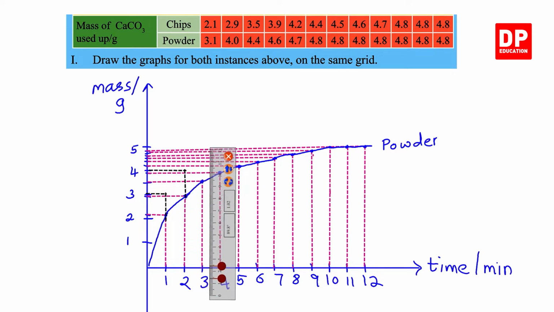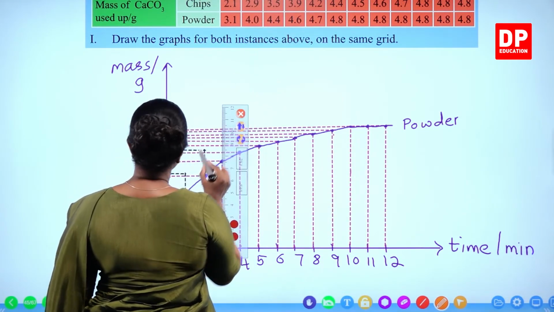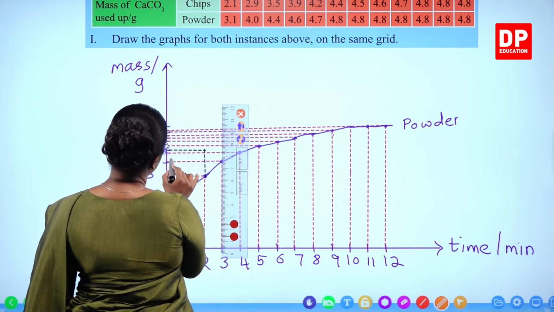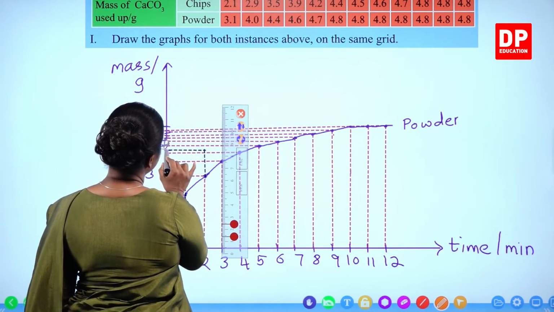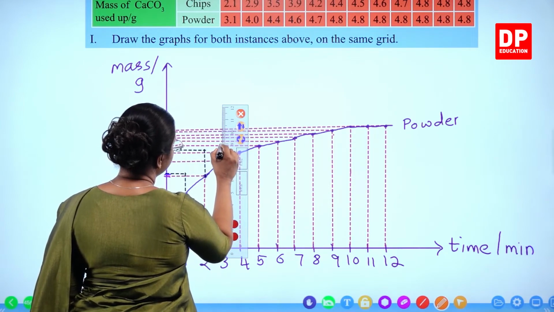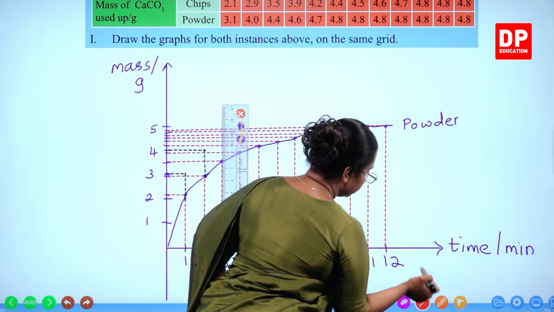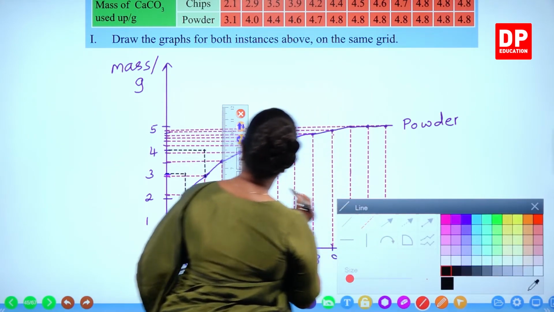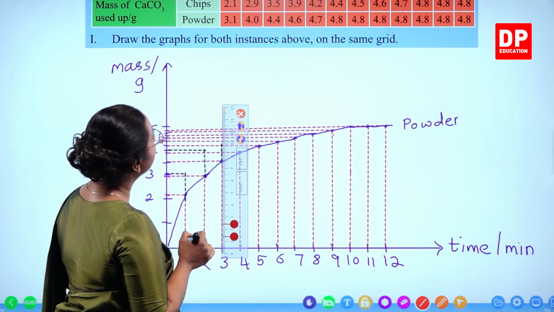Then we have the third minute. So, here 3 minutes, students, you can see 4.4. That is 4, then 4.4. So, this is the point where we have the 4.4 mark.